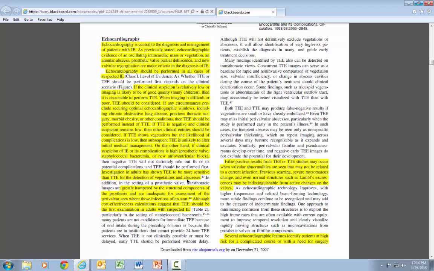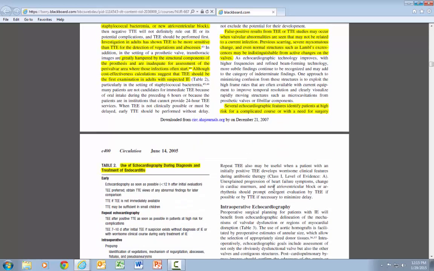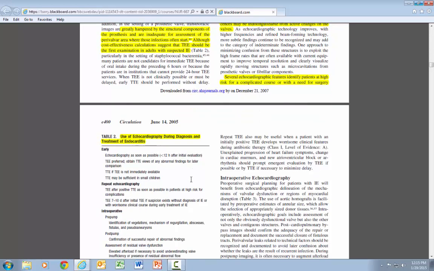Echocardiograms, either transesophageal or transthoracic, could give you a false positive when there are valvular abnormalities prior to the endocarditis. What are the features for patients that have high risk of endocarditis and might need surgery because you're expecting a complicated course?